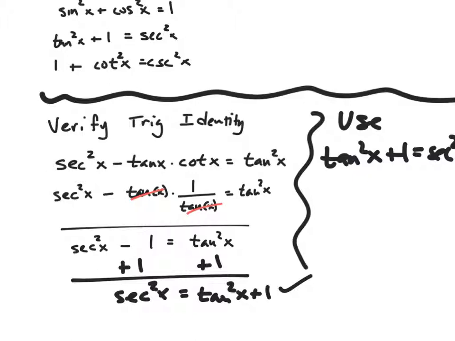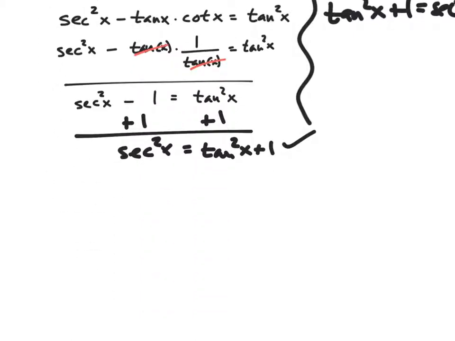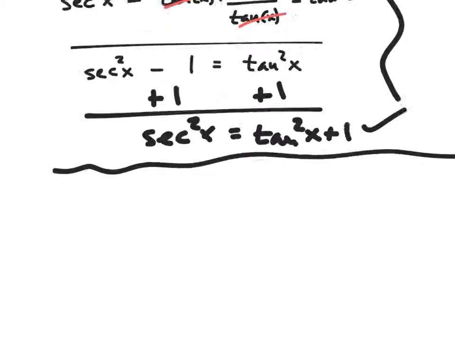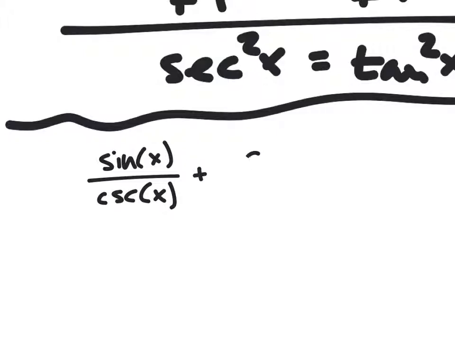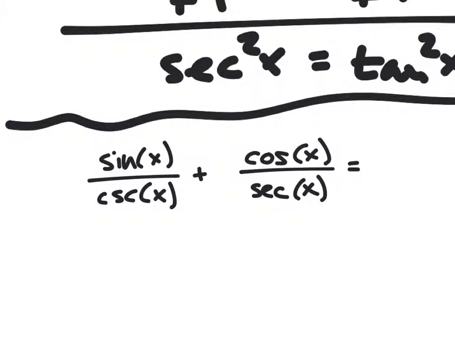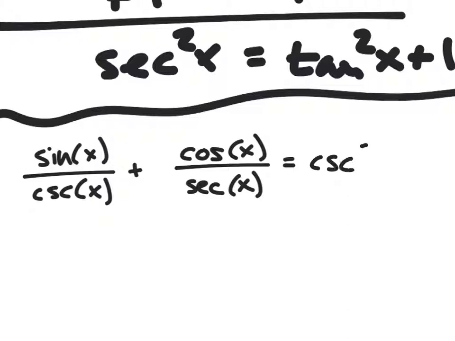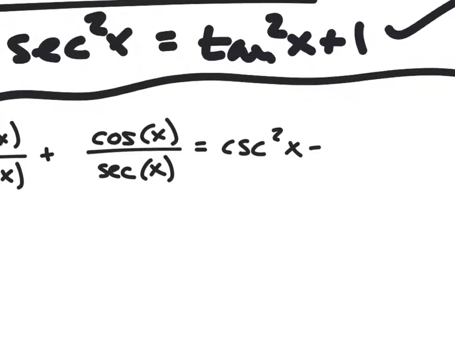Okay, so then the next one that we're going to do, same thing, we'll verify the trig identity. We want to verify that sine of x over cosecant of x plus cosine of x over secant of x is equal to cosecant squared x minus cotangent squared x.